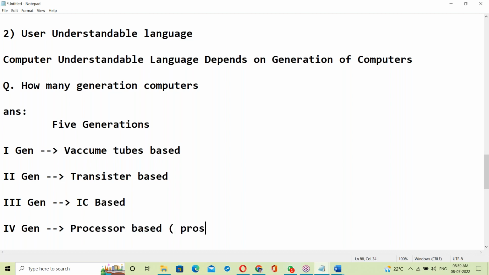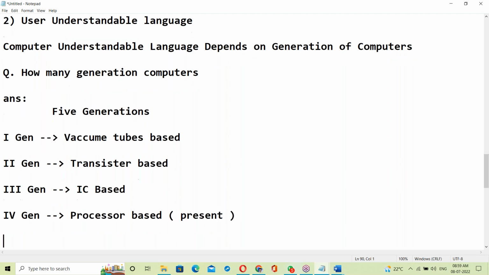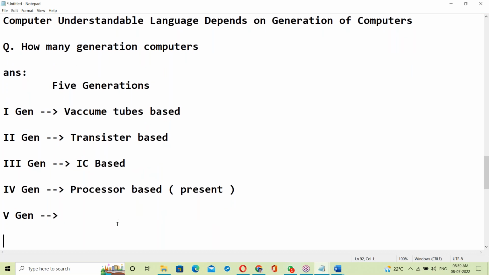This is the present generation. The fifth generation is a future generation, maybe coming to the market in 2 or 3 years, I think 2025.